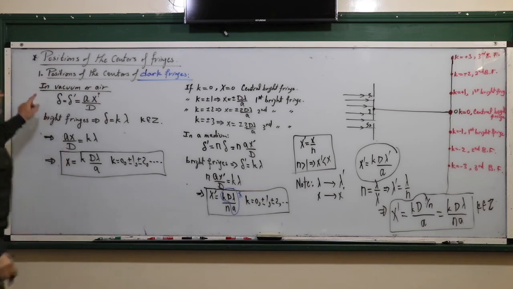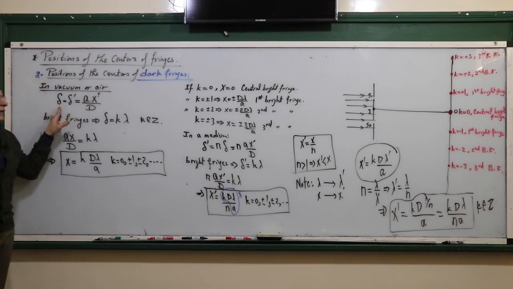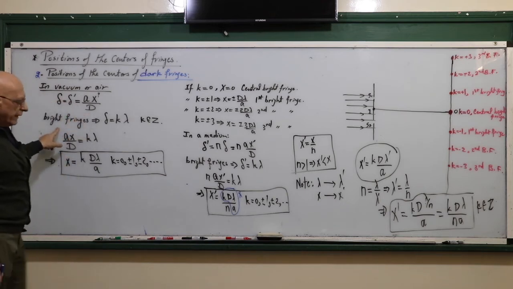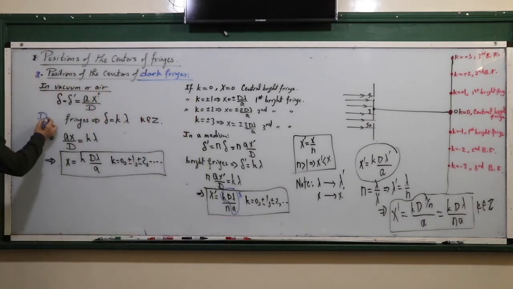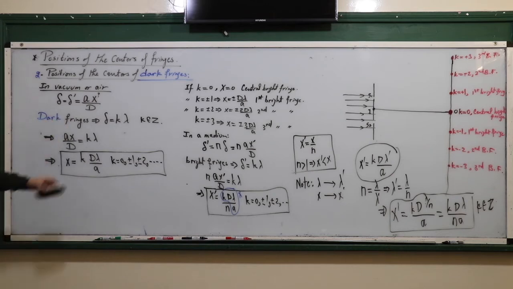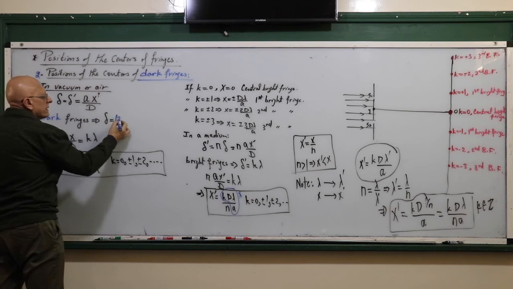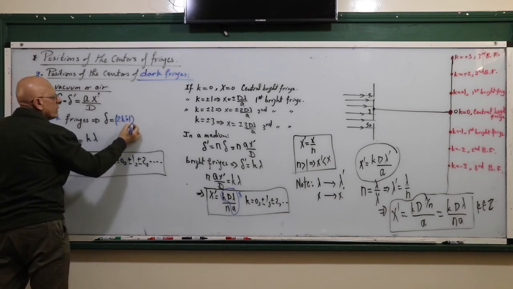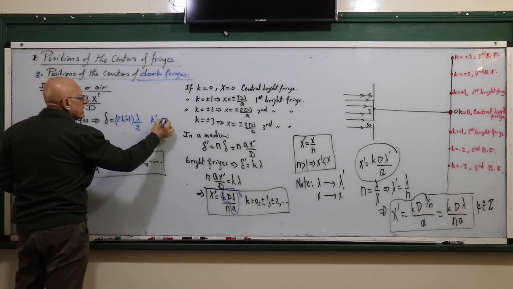In vacuum or air, whether I am talking about bright fringes or dark fringes, the optical path difference remains equal to AX over D. But here I want dark fringes instead of bright fringes. What is the formula? The formula is delta equals (2K prime plus 1) lambda over 2, where K prime belongs to Z.